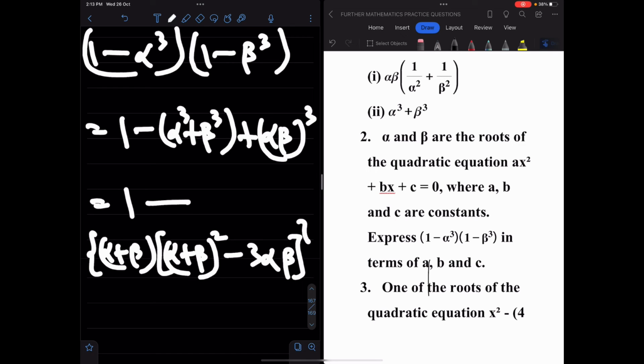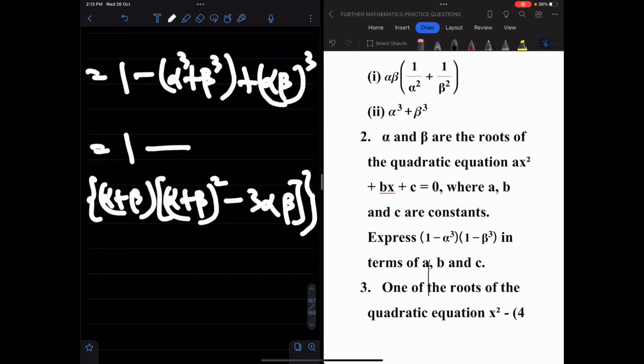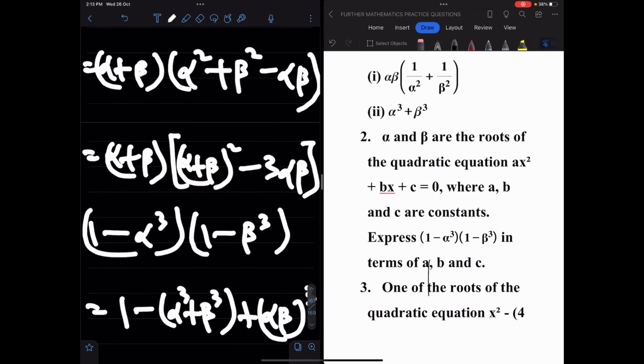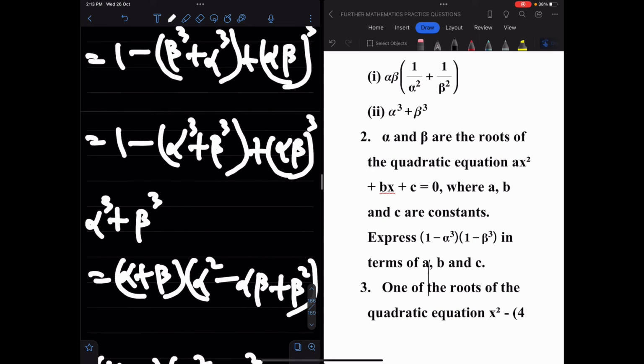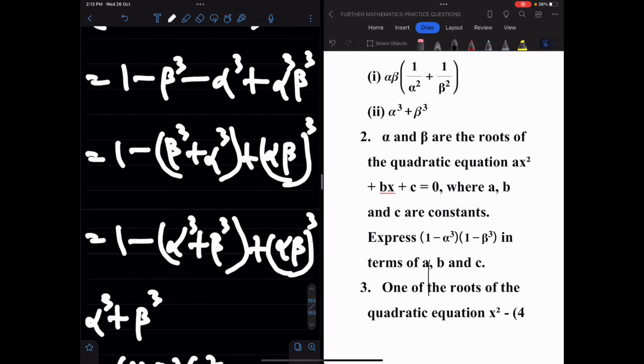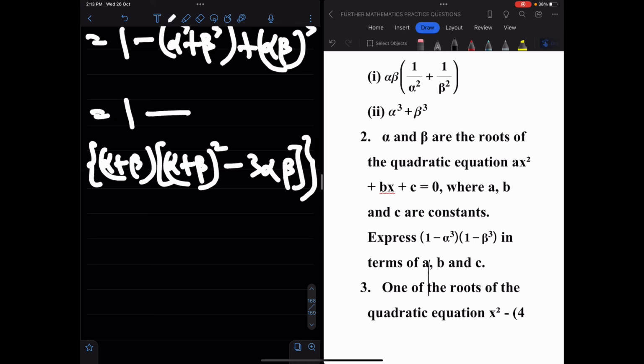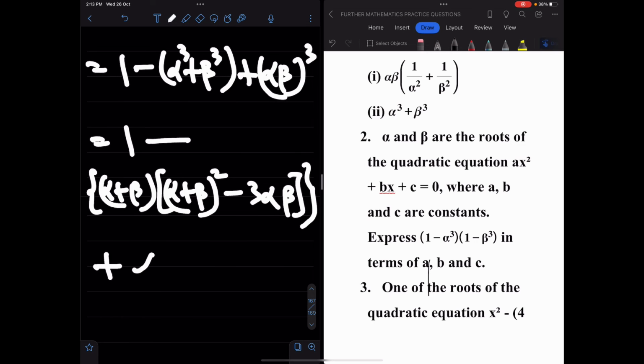Close the bracket here and put the same here, curly brackets there. Now plus what? Plus the cube of alpha beta.